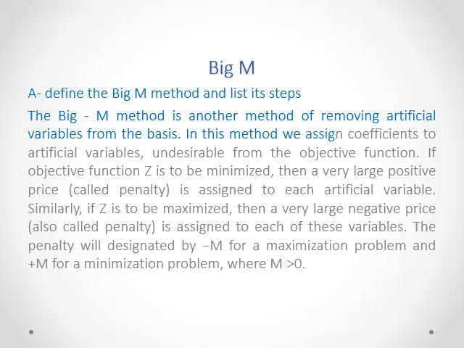Now, the givens are: big M method is a form of simplex method, but mostly is used for solving the problem of minimization. In spite of that, it can be used to solve the problem of maximization.